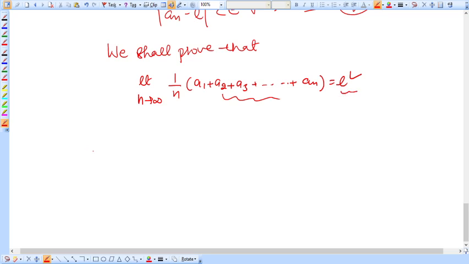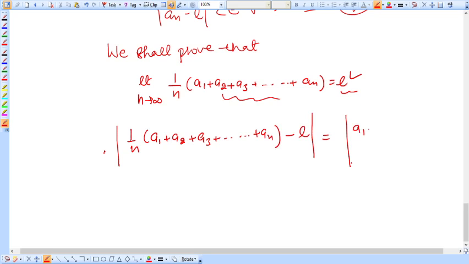So we are going to check what the difference between these two terms will be: (a1 + a2 + a3 + up to an)/n minus L. Simplifying this, we get (a1 + a2 + a3 + up to an minus nL) divided by n. We have taken the LCM.